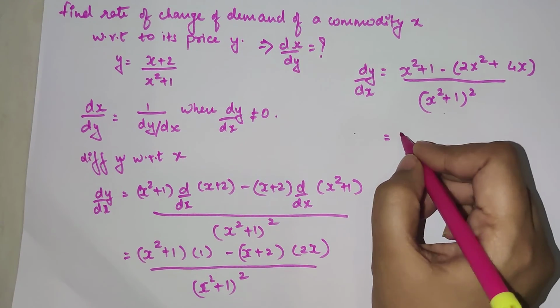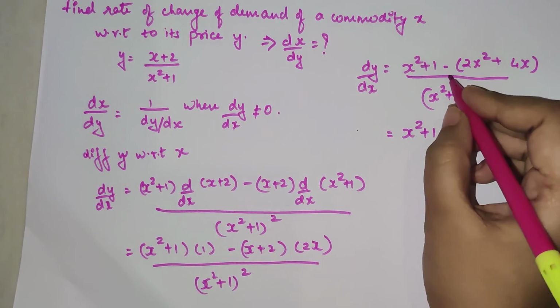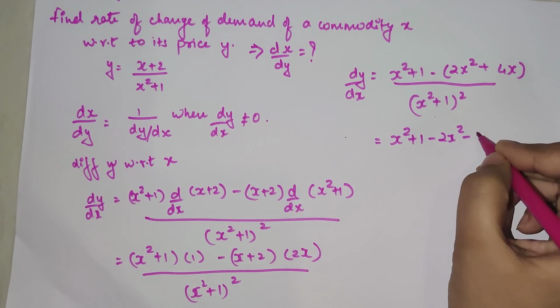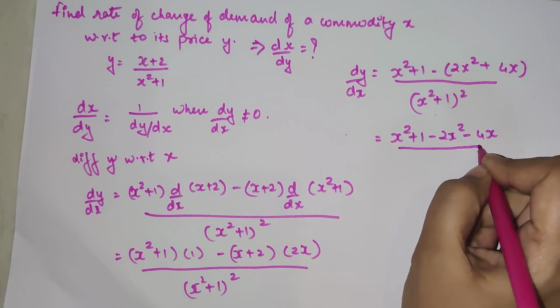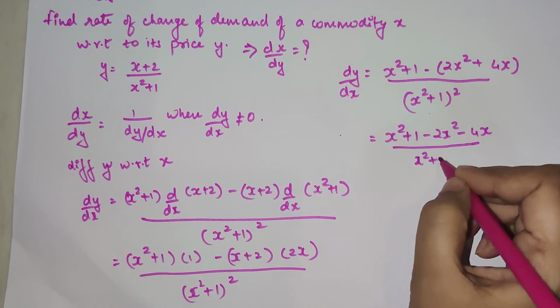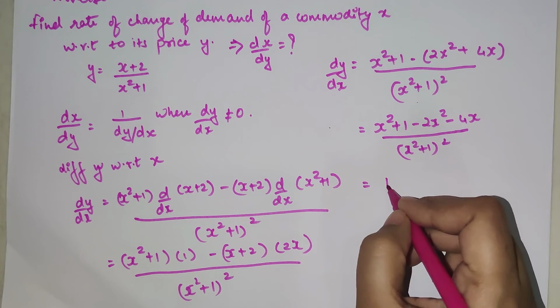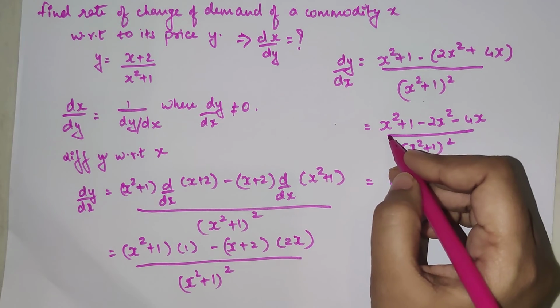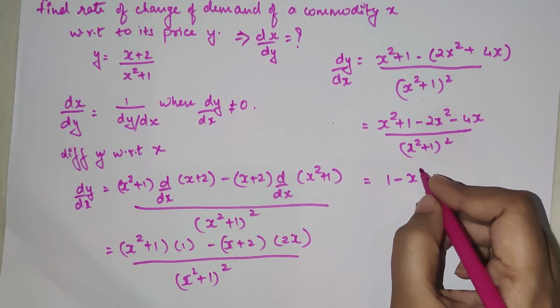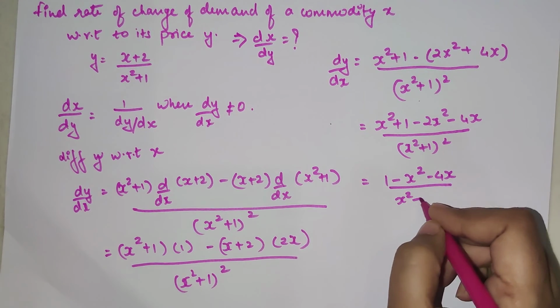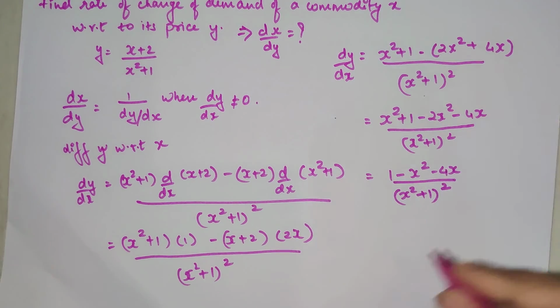So then we'll get x square plus 1, let's take this minus sign inside, minus 2x square minus 4x upon x square plus 1 the whole square. So we now get 1 minus 2x square plus x square will get you minus x square minus 4x upon x square plus 1 the whole square.